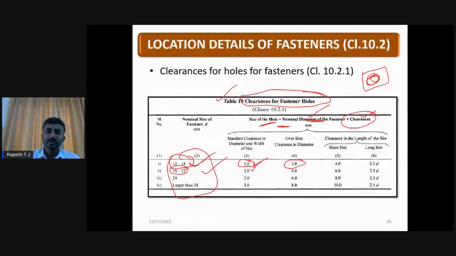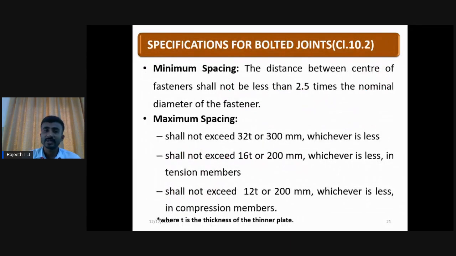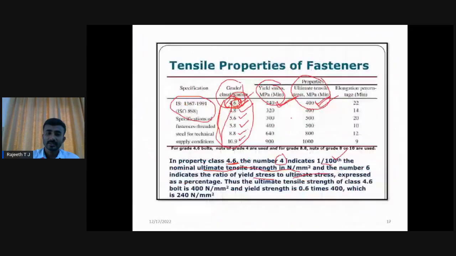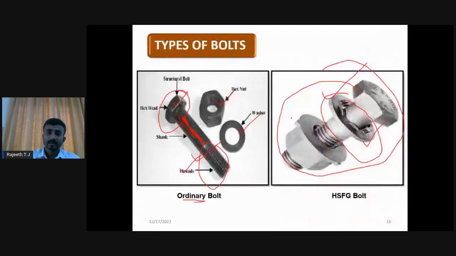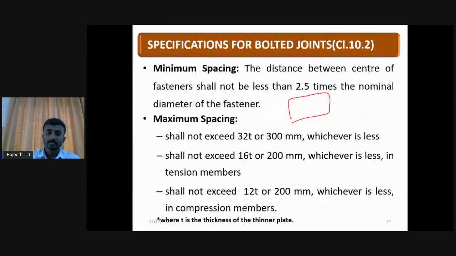If you go for the specifications of bolted joints, we all know the pitch and edge distance. What do you mean by pitch? Pitch is the distance between two consecutive bolts. If you consider this connection, this is the plate and these are the two bolts.